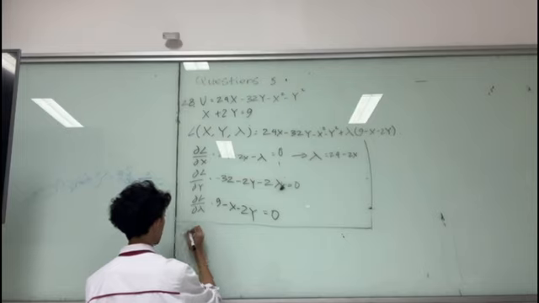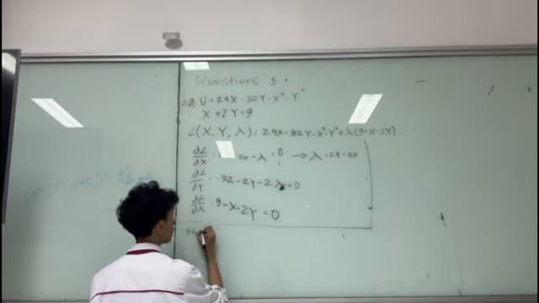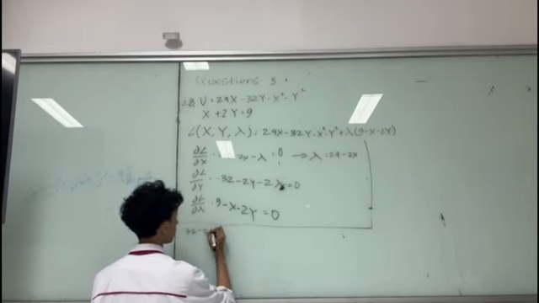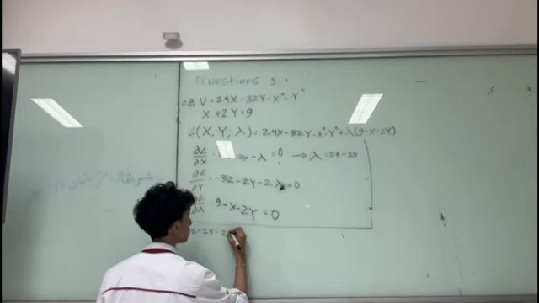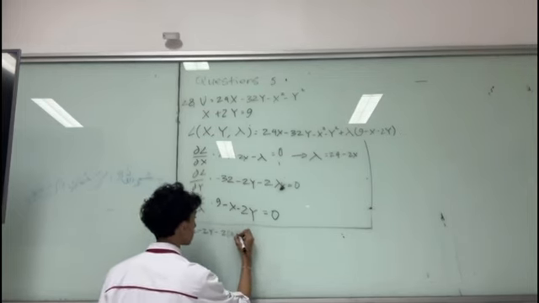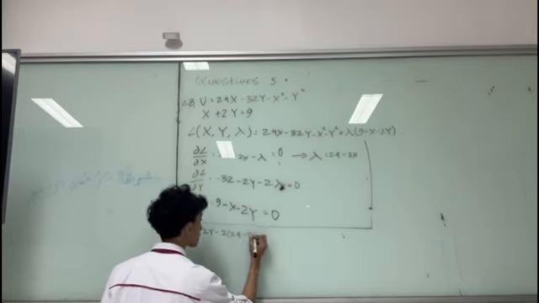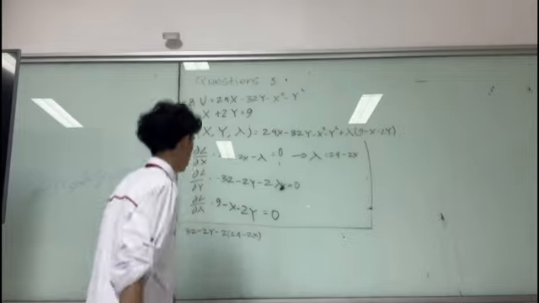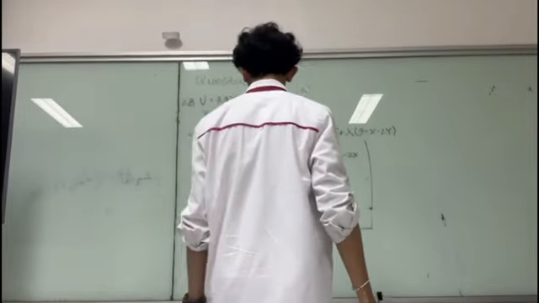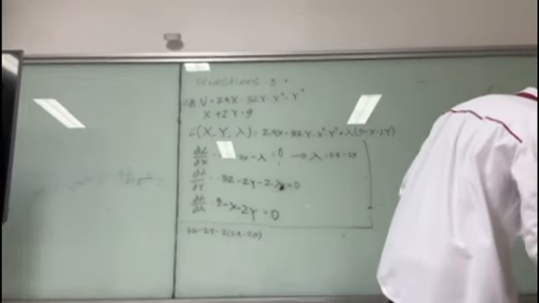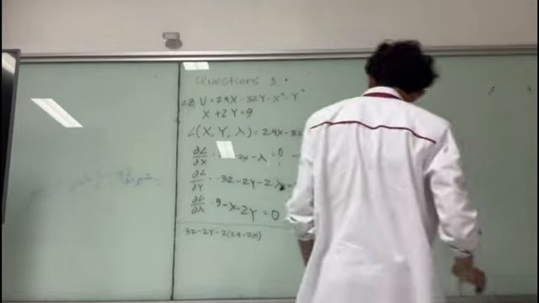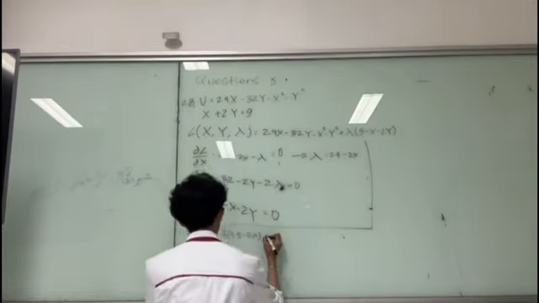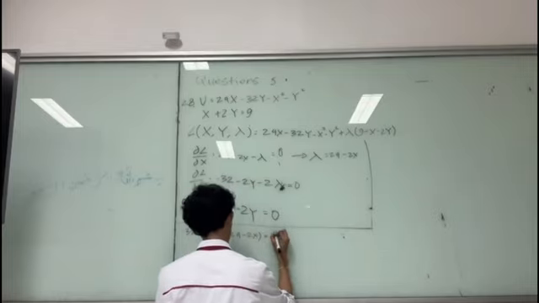So it's going to be minus 32 minus 2y minus 2 times (24 minus 2x) equals 0.